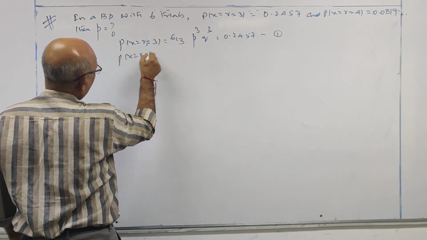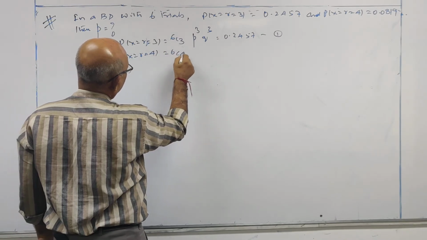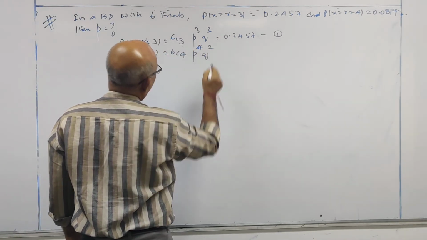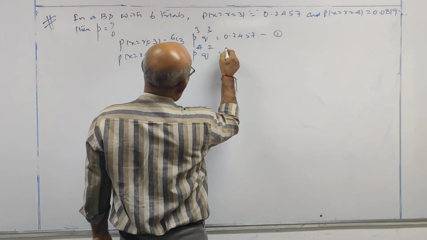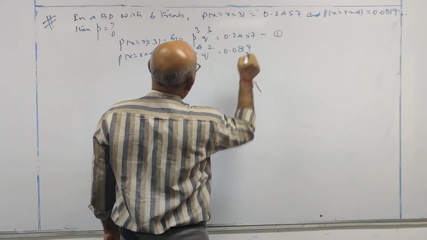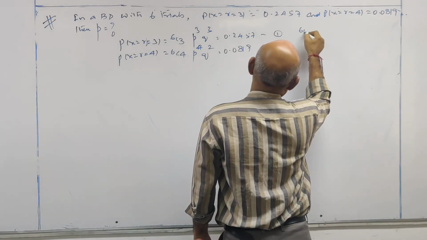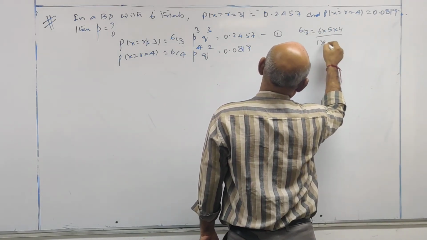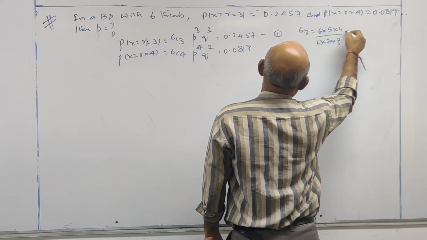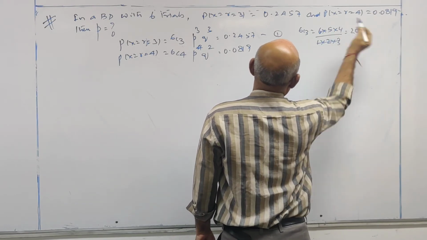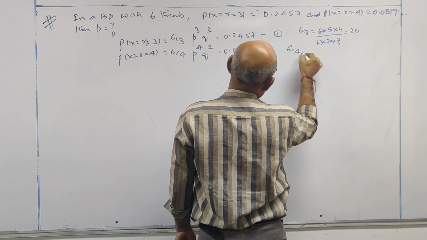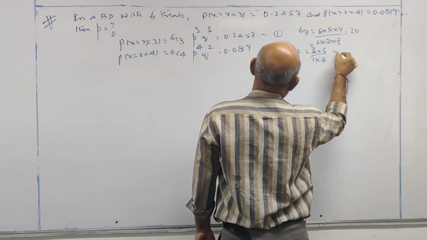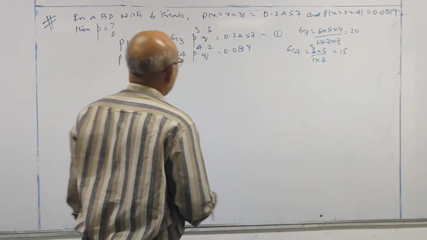Probability of x is equal to 4: 6c4 p to the power of 4 into q to the power of 2 is 0.0819. 6c3 is 6 into 5 into 4 by 1 into 2 into 3, which is 20. 6c4 is equal to 6 into 5 by 1 into 2, 15.